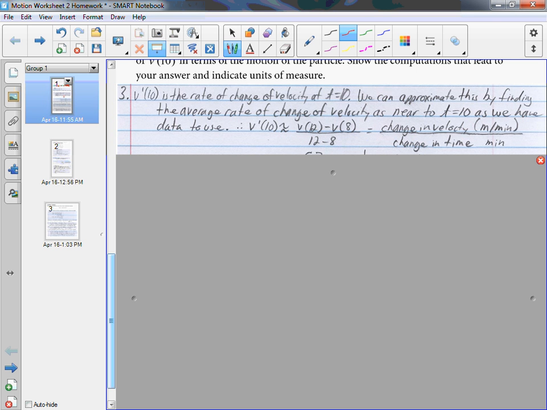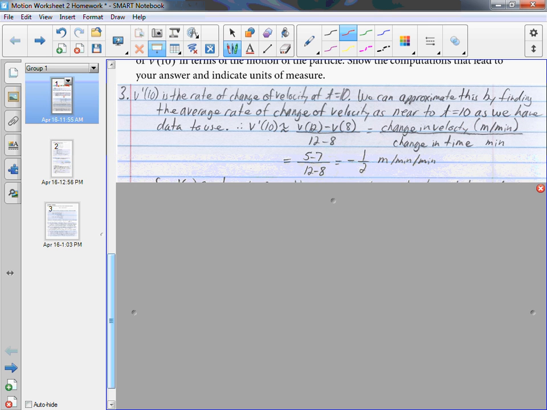That's the change in velocity divided by the change in time. And then you just get the information from the table. All right, it's 5 minus 7 over 12 minus 8. That's negative 2 over 4. That's negative 1/2.